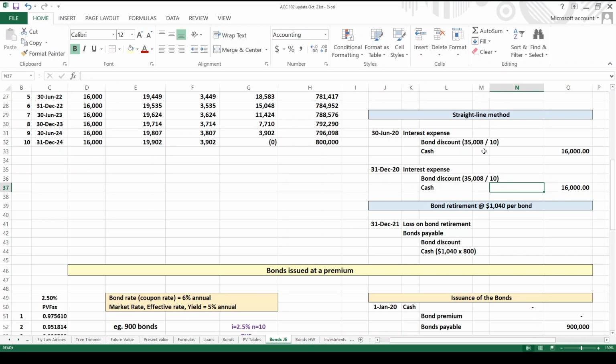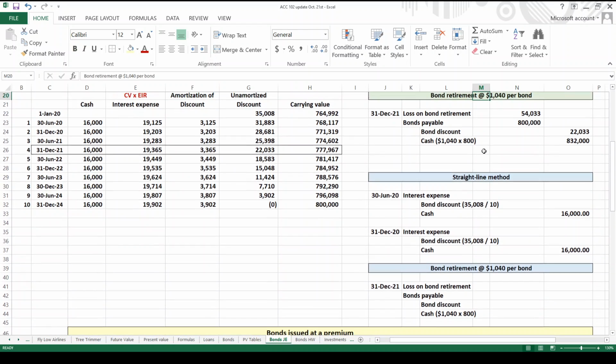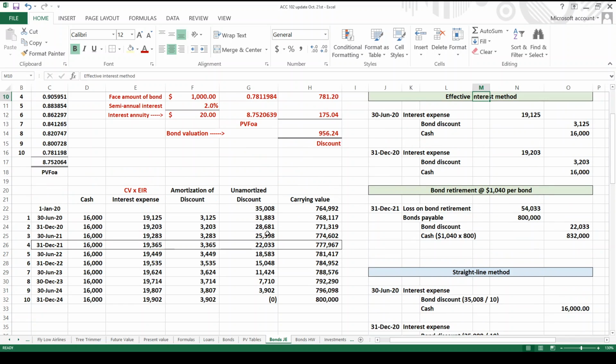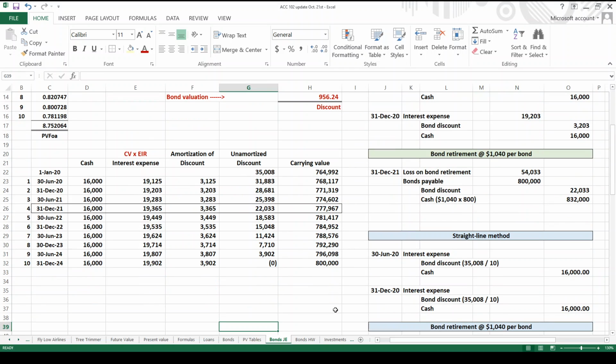All right. Now, the bond discount originally is 35,008. We want it to be what? 0 over time. Yeah? So if we're going to do this amortization 10 times, then I want 1/10 of the 35,000 to go away each 6 months. So that's going to be what? 35,008 divided by 10.